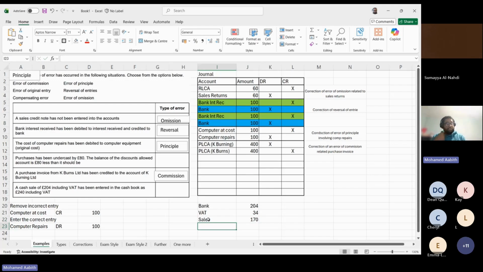Okay, so this is what should be in the entry. Cash book 204 including VAT has been entered in the cash book as £240 including VAT. Okay, that's fine. So this should be the right entry.